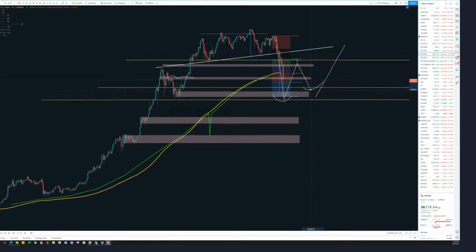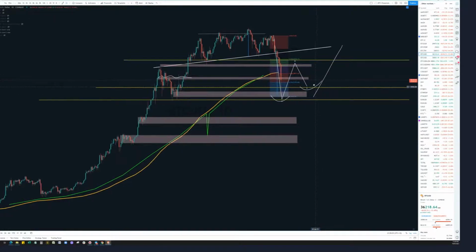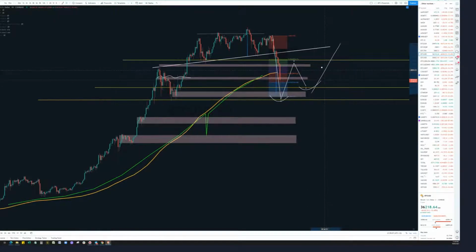If we have a higher low, still part of the W formation, that's still bullish. I'm hopeful that we're going to get up to this level. There are no promises. We just have to wait to see how we get there.